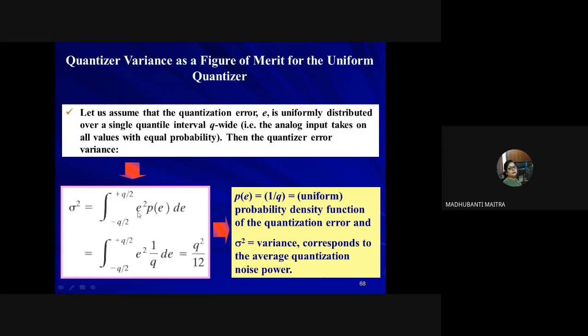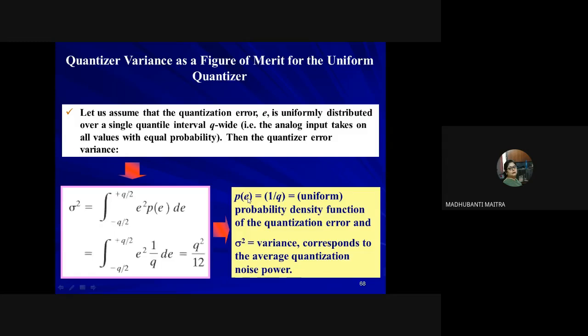And let's assume that the error is e, that means 1.5 minus 1.3 volt, and so on and so forth. So e square, since we are trying to calculate the variance, hence it will be e square into probability of error. Here we are assuming the probability that the random variable x will have a value e, and remember that here the random variable x is continuous.